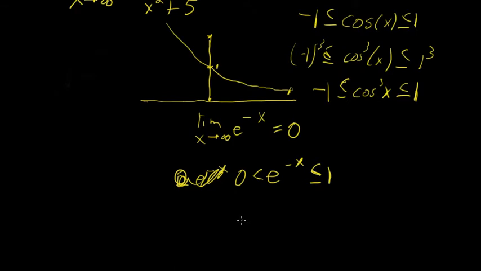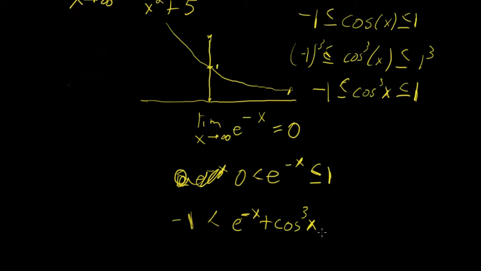So what's the deal with this sum here, e to the minus x plus cosine cubed of x? Well, cosine cubed of x at the low end is negative 1, and e to the minus x at the low end approaches 0. So negative 1 plus 0 is negative 1. That is the lower bound for this sum.